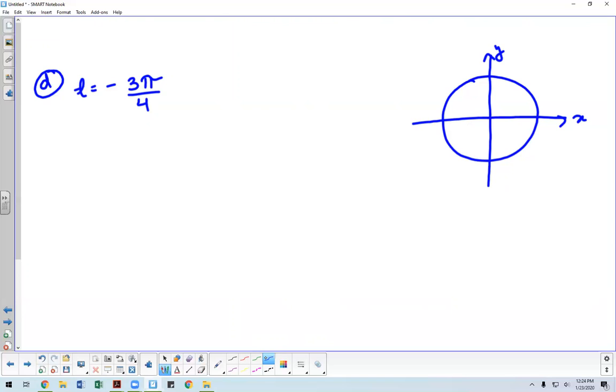What is negative 3 pi over 4 in degrees? If we're converting this into degrees, of course, these cancel out.